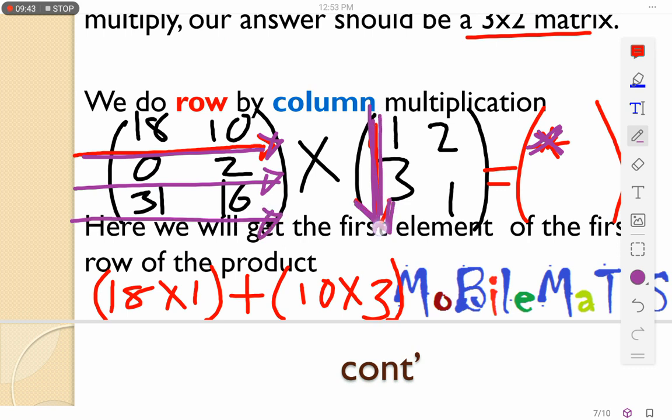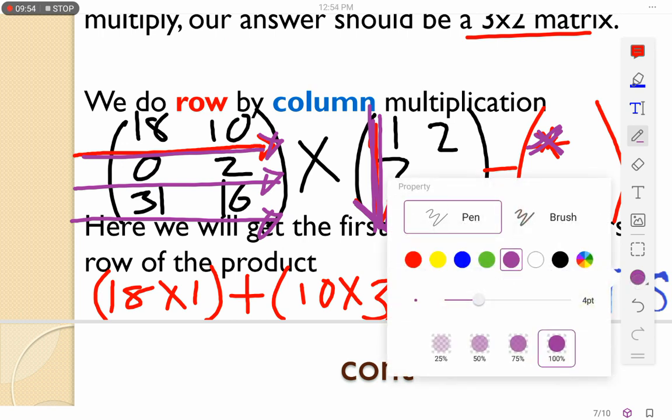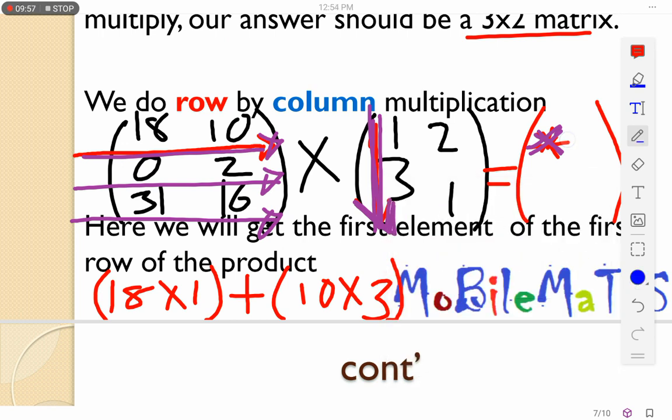Then I go to the next one. So this is going to be a 3 by 2 matrix. Then I do the next row by this column, row by this column again. That's how I'm doing this.